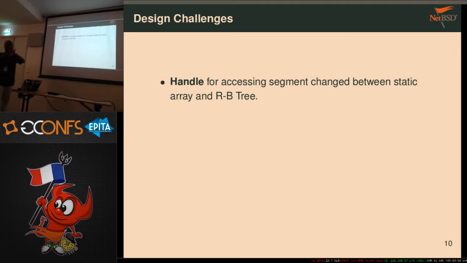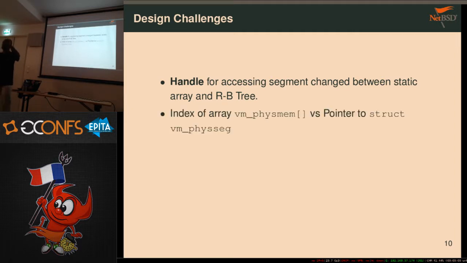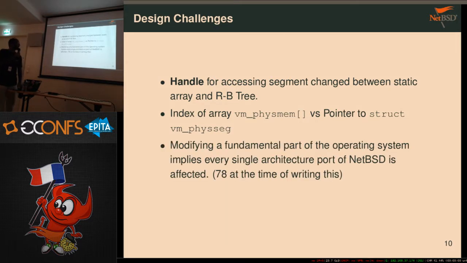That's essentially what this array gives you. So we abstracted the idea of the index into the segment with an abstract data type called uvm_physseg_t. But initially, before we did that, we ensured that this abstraction was sitting on top of the array itself.